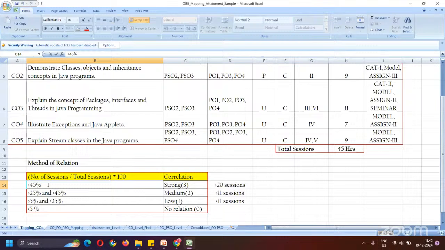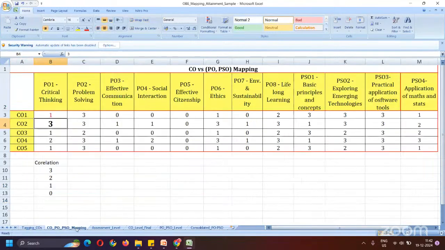This is not a fixed rule; you can change it to 50%, or even set 60% as the strongest correlation between the COs and the POs. Basically we are starting with at least 45%. If it is contributing to that, then we can add. This mode of relation you can set at different levels for your POs as well as for PSOs. If you are taking the POs, they are all domain independent.